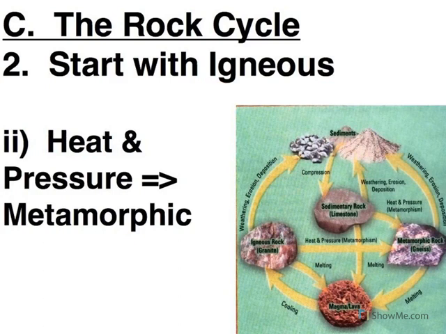But that's not all that you can do with an igneous rock. You can also apply heat and pressure. And when you do that, it goes straight to being a metamorphic rock. So an igneous rock can turn into a metamorphic rock as long as you apply heat and pressure.